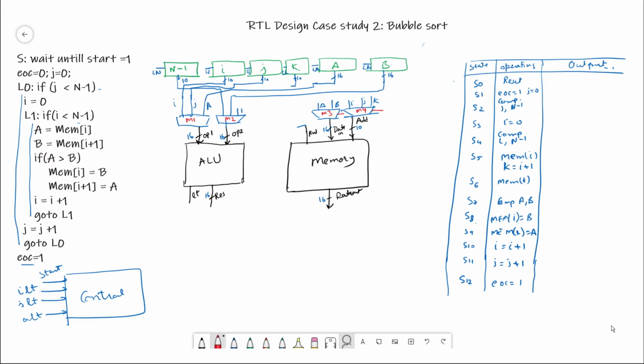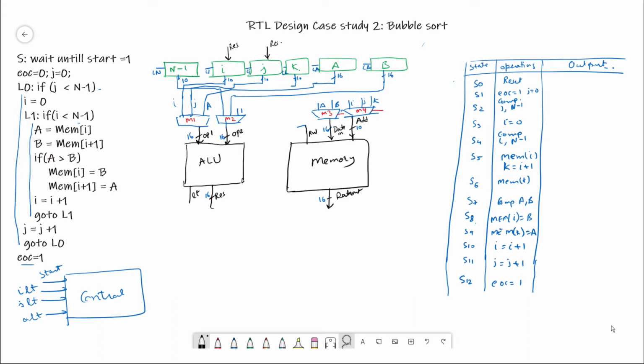Now let's see what would be required. N minus 1 doesn't require any input. Once initialized, it will always contain its value. I would be written by the result of this ALU. Same way, in J sometimes a result needs to be written.